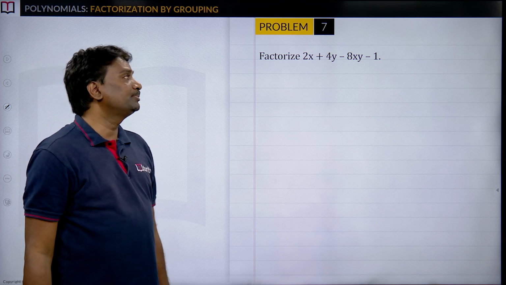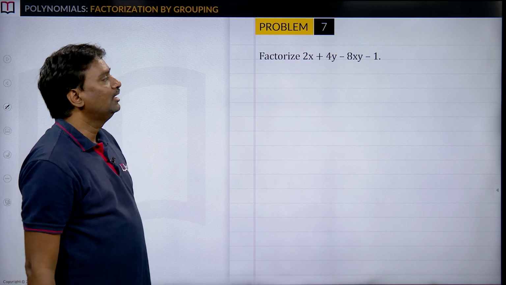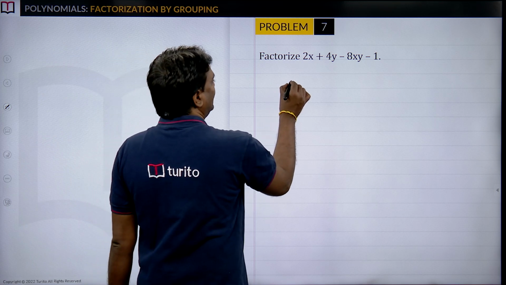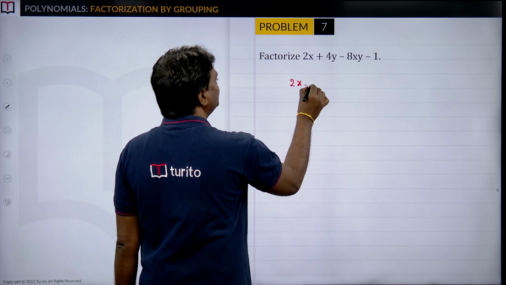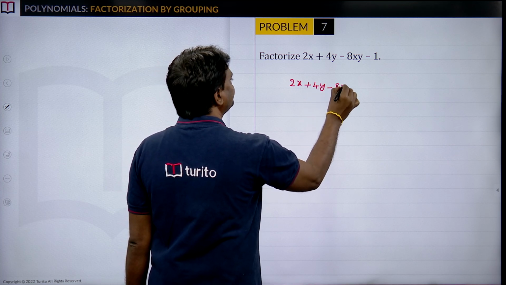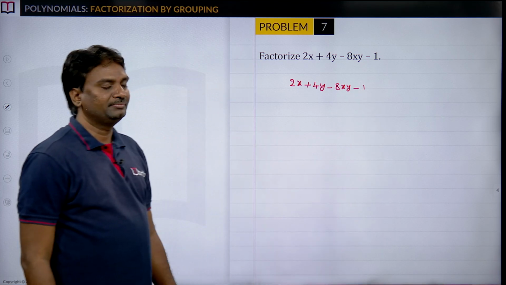Factorize 2x plus 4y minus 8xy minus 1. The given polynomial is 2x plus 4y minus 8xy minus 1.